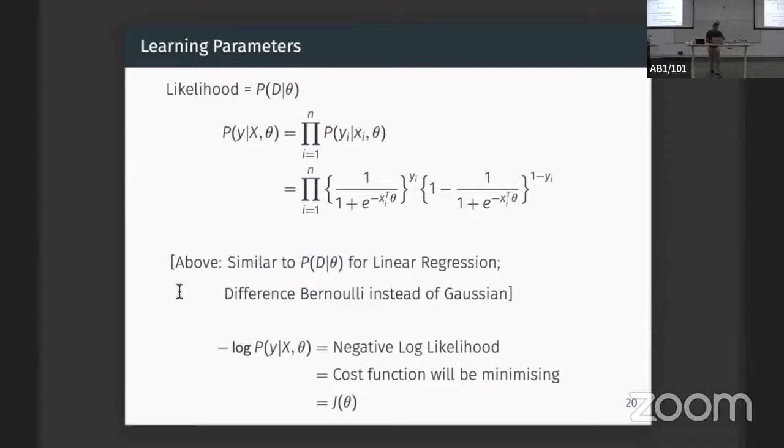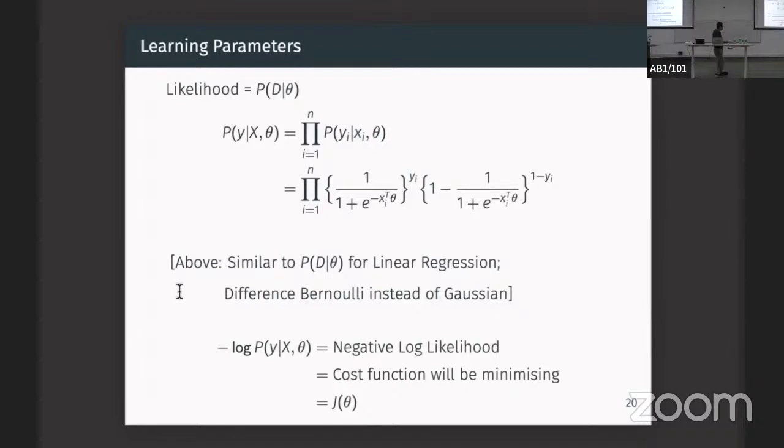Okay. In the interest of time, let me show you the solution. Let's just look at one example for now. So let's forget about the product term here, which is the multiplication across n examples. The probability of yi given xi and theta is yi hat, right? This is 1 over 1 plus e to the power minus xi transpose theta, right? So this is sigmoid of xi transpose theta, or this is just yi hat.